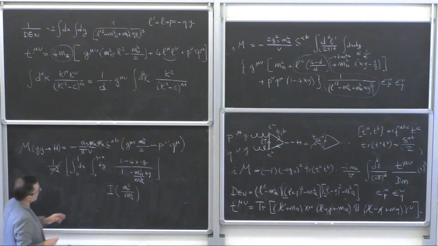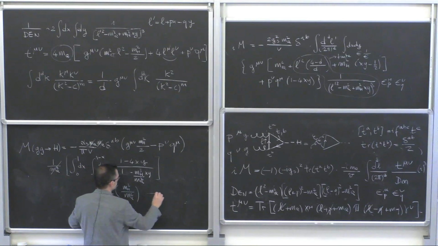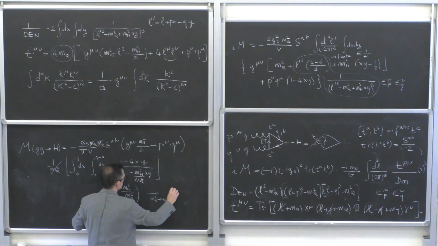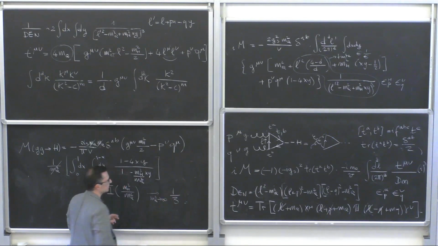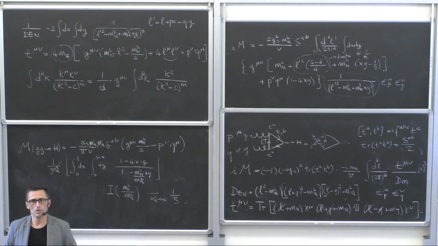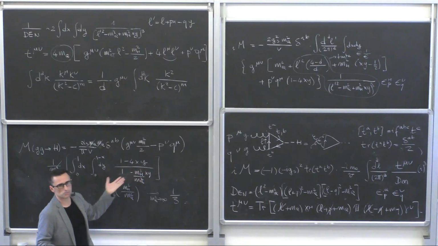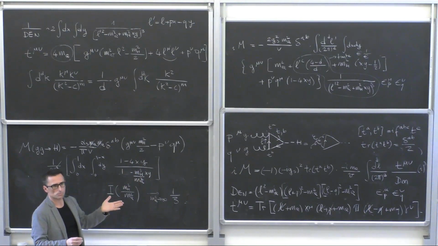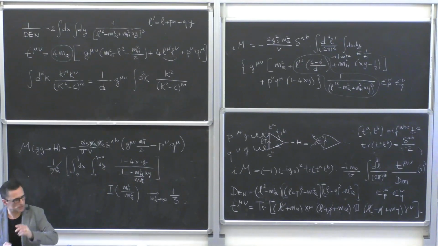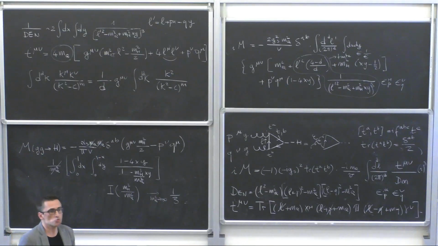Okay, and then the other thing that you see is that if m_Q goes to infinity, this I is equal to 1/3. That means you have to calculate, but it's equal to 1/3. So this term goes away, you do this integral, you get 1/3, a number. So you find something which is super weird, no? And somewhat unexpected.